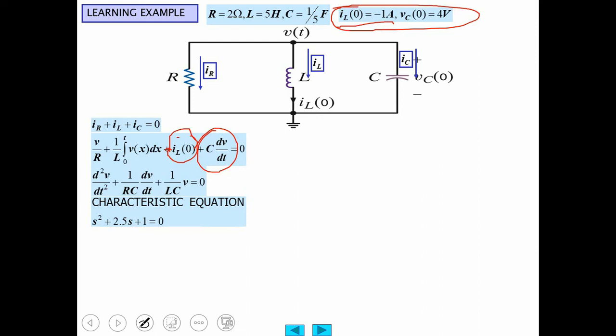Reciprocal of that is 2.5. LC is going to be exactly 1. And now we find all of our values. The omega n is the square root of 1, and 2 zeta omega n equals 2.5.